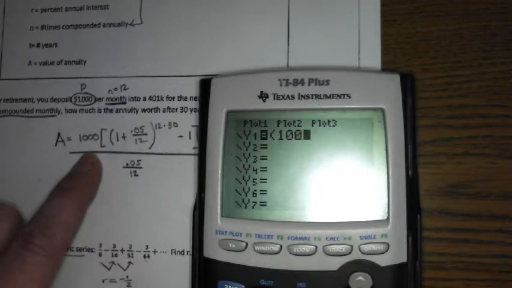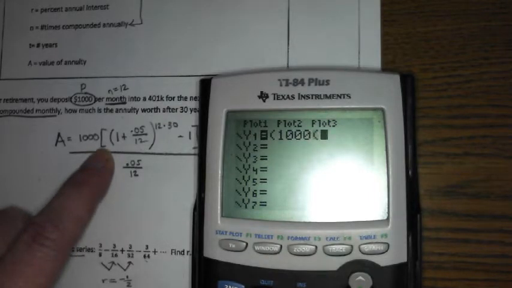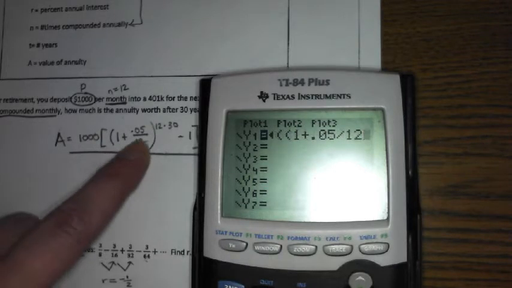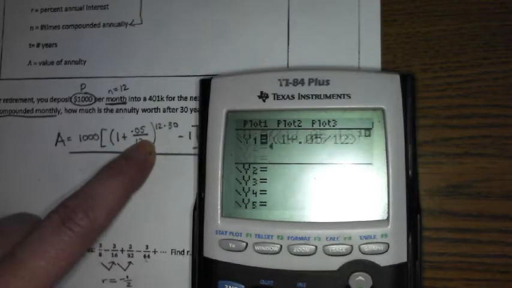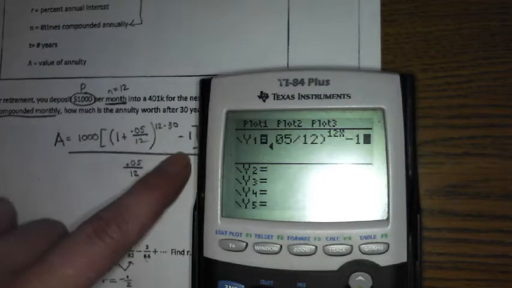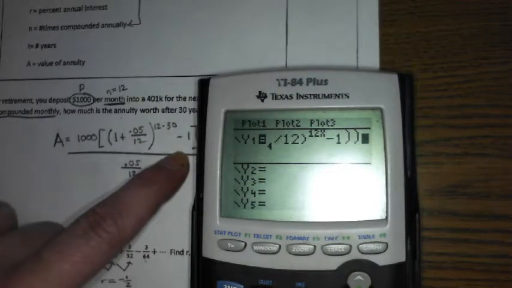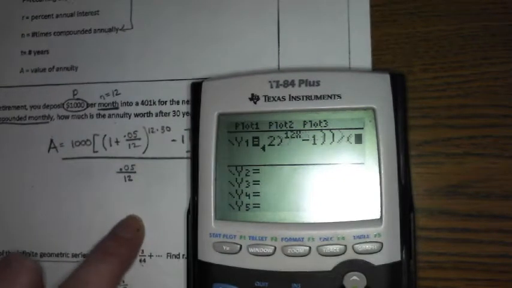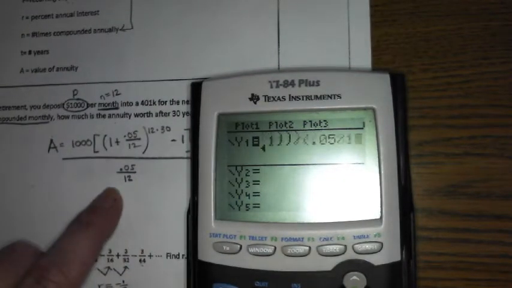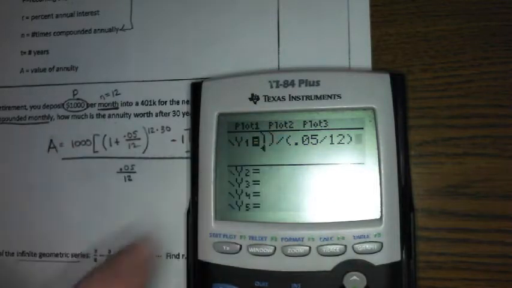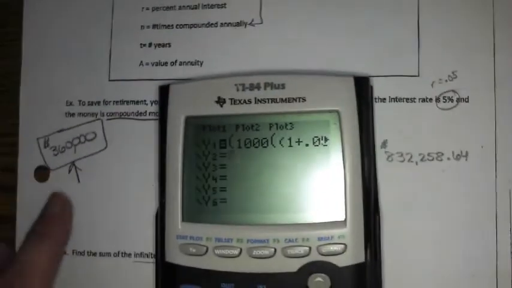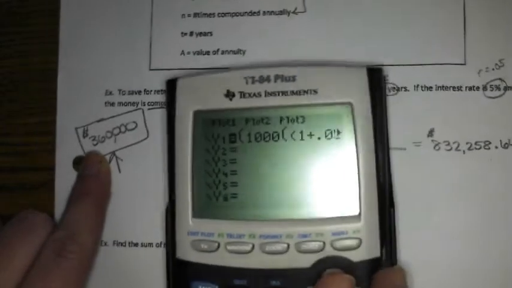So 1,000, open my bracket, open my parenthesis, 1 plus 0.05 over 12, close that parenthesis, raised to the 12x power, minus 1, close the bracket, close the numerator, all over, open the denominator, 0.05 divided by 12, close the denominator. Good? That's the annuity.